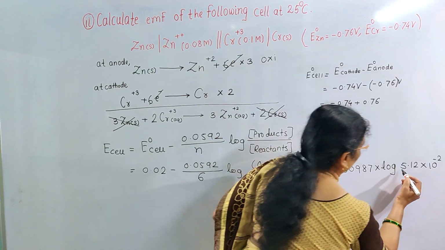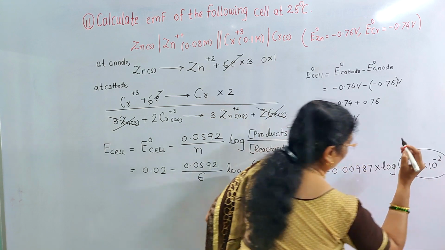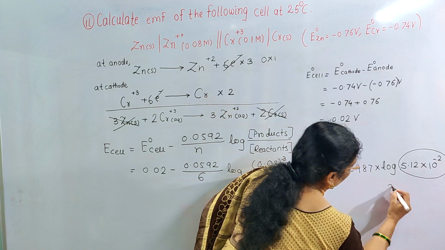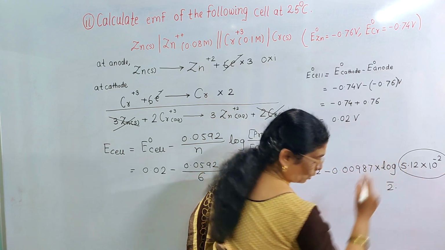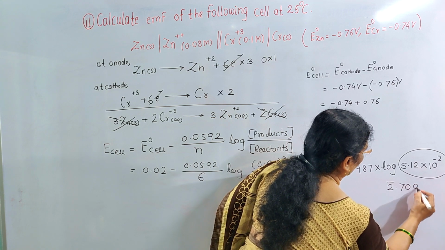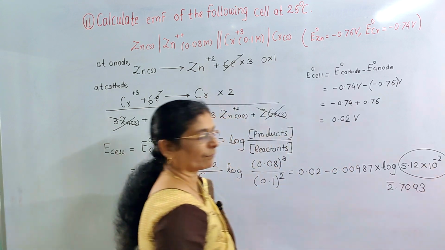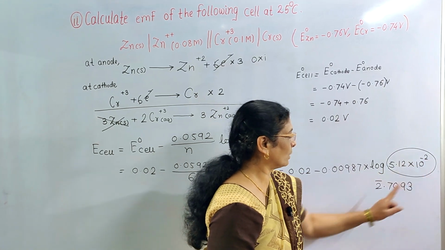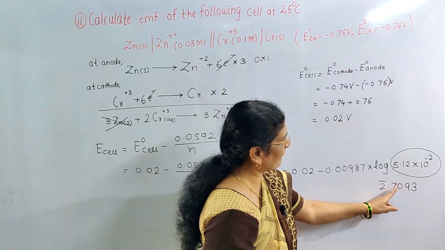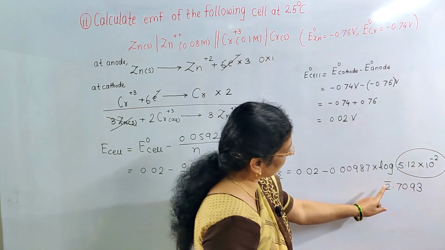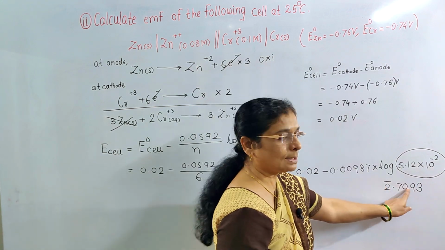If you see the log of this term, the characteristic of this is bar 2, so bar 2.7093. Log of 5.12 into 10 raised to minus 2 is bar 2.7093, where 2, the characteristic, is negative and the mantissa is positive.